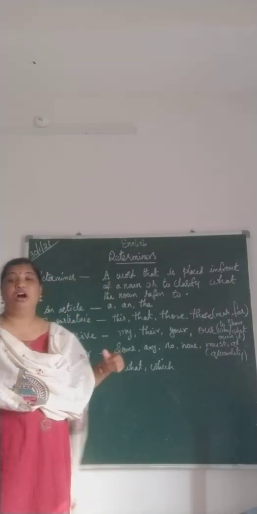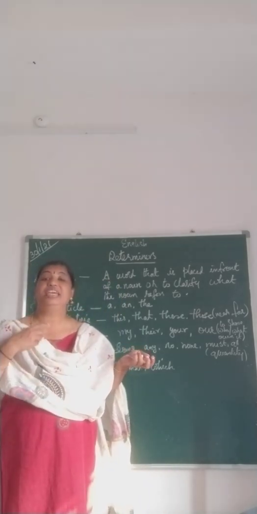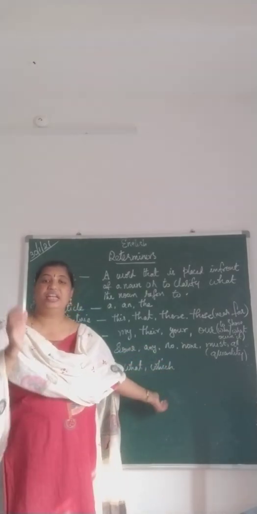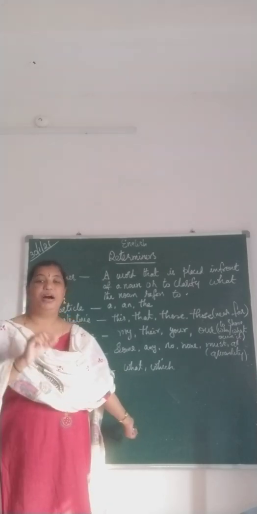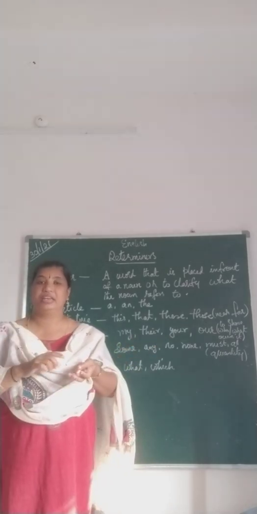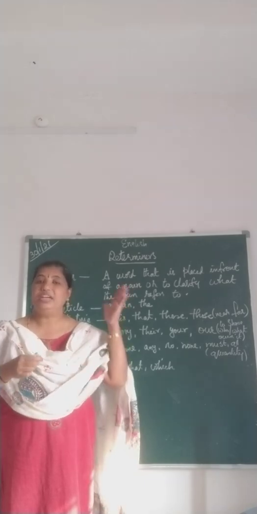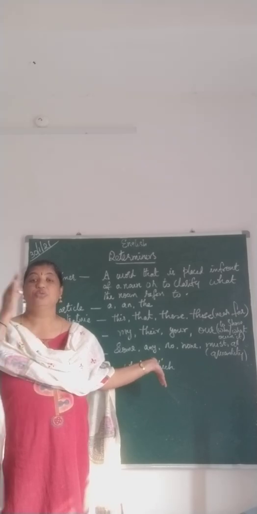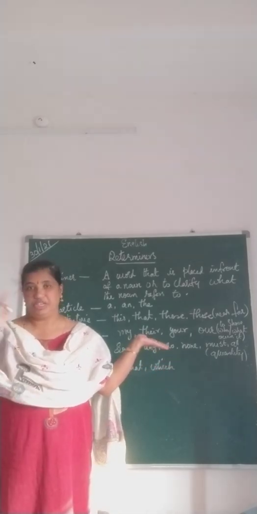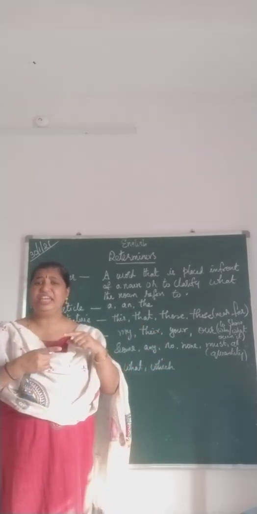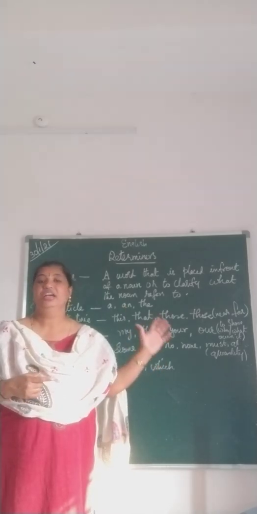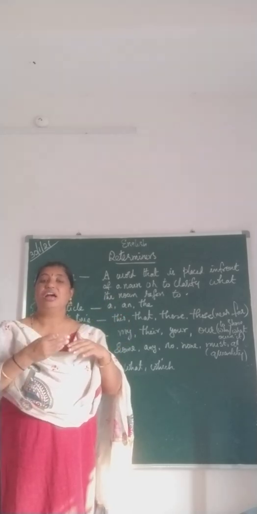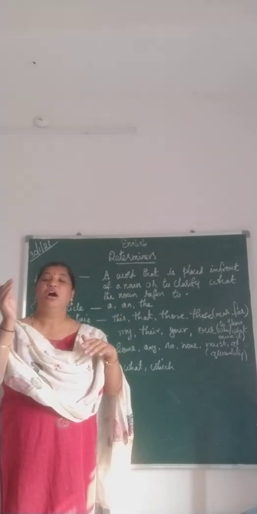Now next is interrogative. Interrogative means posing questions, which we have already seen, right? What, which are the determiners which talk about interrogative determiners. Understood now, children? What are determiners and how are we going to identify which word comes under which determiner? A quick recap of what we have seen, children. Determiners are words that give extra meaning or extra information of a noun.